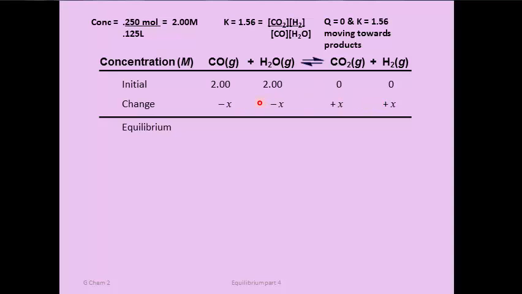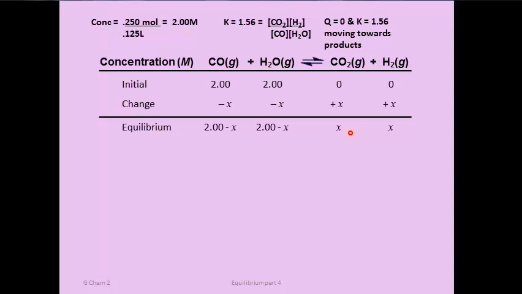So the X's could be set up stoichiometrically relative to one of the reactants, for example. Now at equilibrium you express things in terms of the variable. We started at 2, we changed by X, so the expression for equilibrium is 2 minus X. And this started at 0, it gained X, so the equilibrium expression is X.